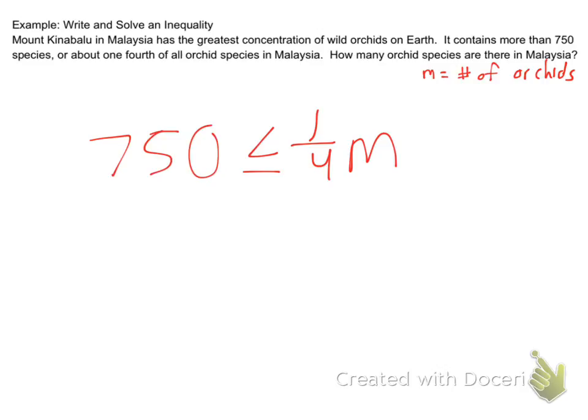So the mountain has 1/4 of Malaysia. This represents the mountain, 1/4 of Malaysia itself, and it has to have more orchids than 750 because it says it contains more than 750.